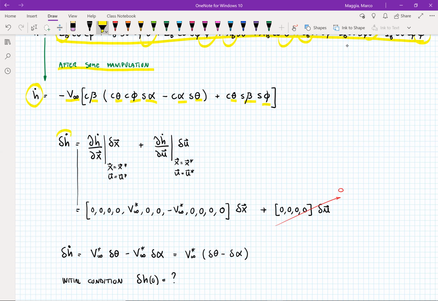So we take delta H dot is the Jacobian, partial H dot over partial X evaluated at our reference trajectory times delta X, plus partial H dot over partial U, the derivative with respect to the control vector, always evaluated at our reference trajectory, times the perturbed control vector delta U. You see that H dot is only a scalar, so partial H dot over partial X is really a gradient vector, and so is partial H dot over partial U.